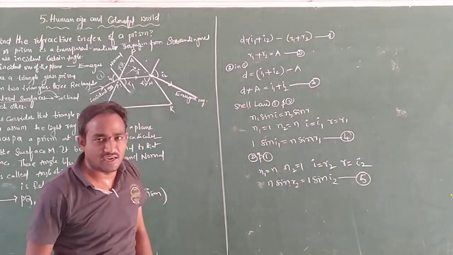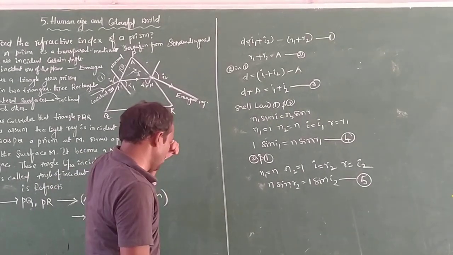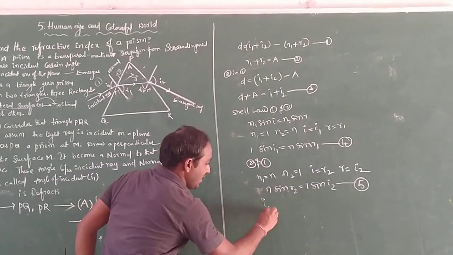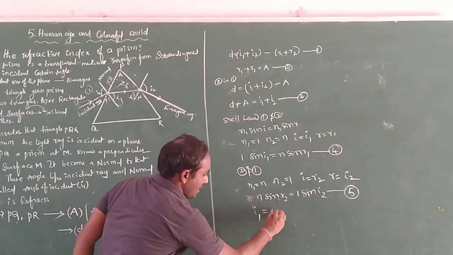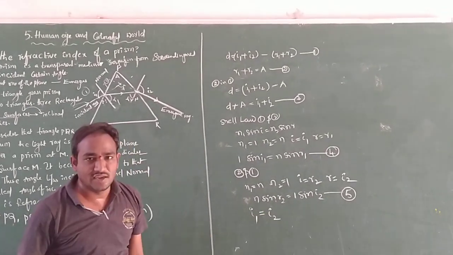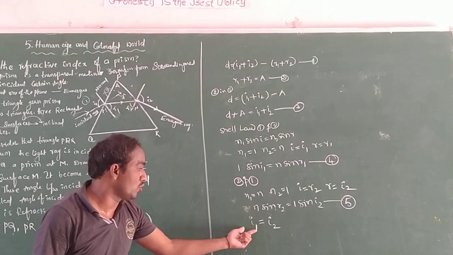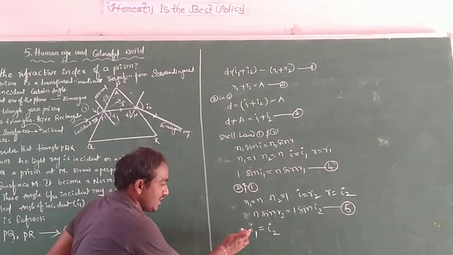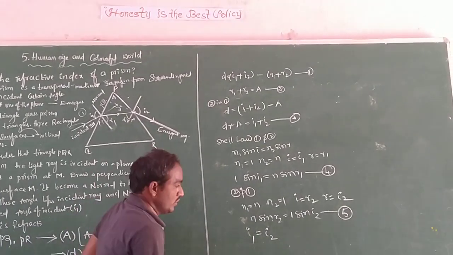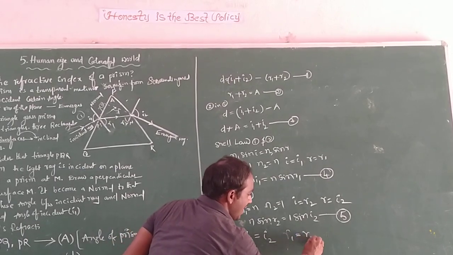We assume the incident angle and emergent angle are both equal, so i1 is equal to i2. Then r1 is equal to r2.